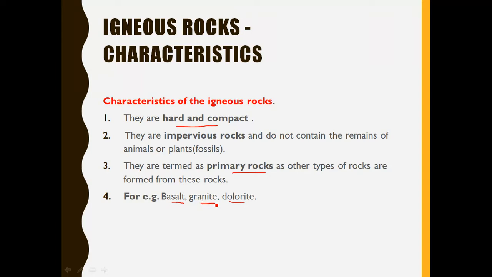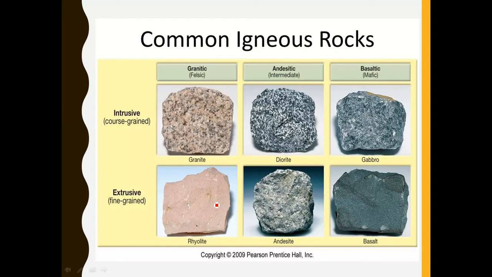Okay, let's have a look at these things. Now, these are your intrusive. I told you intrusive means the magma has solidified inside the Earth, because igneous rocks are formed from the molten magma. Because the molten magma cools inside the Earth, the cooling process is very slow.